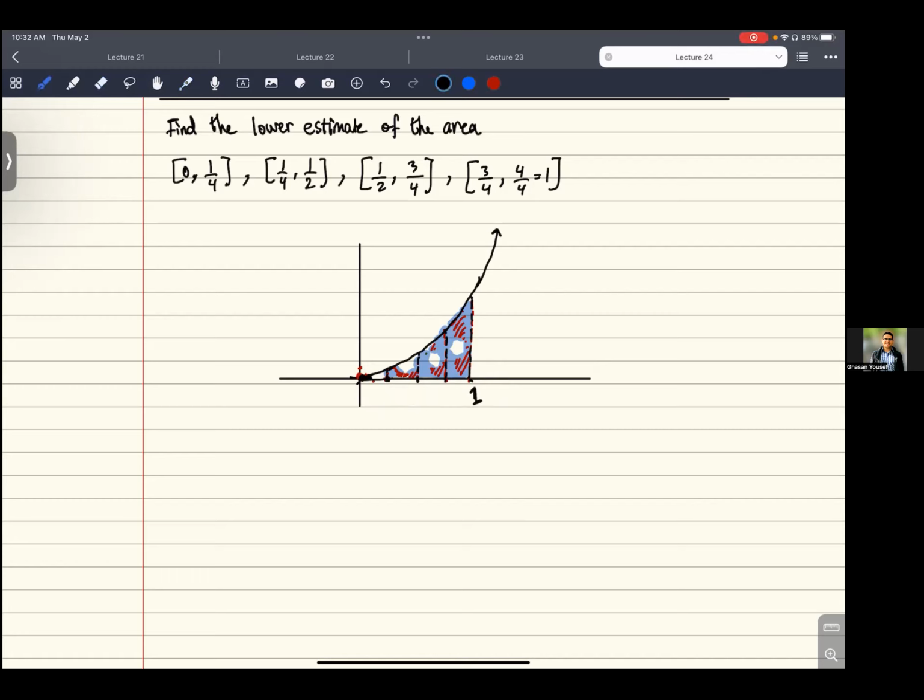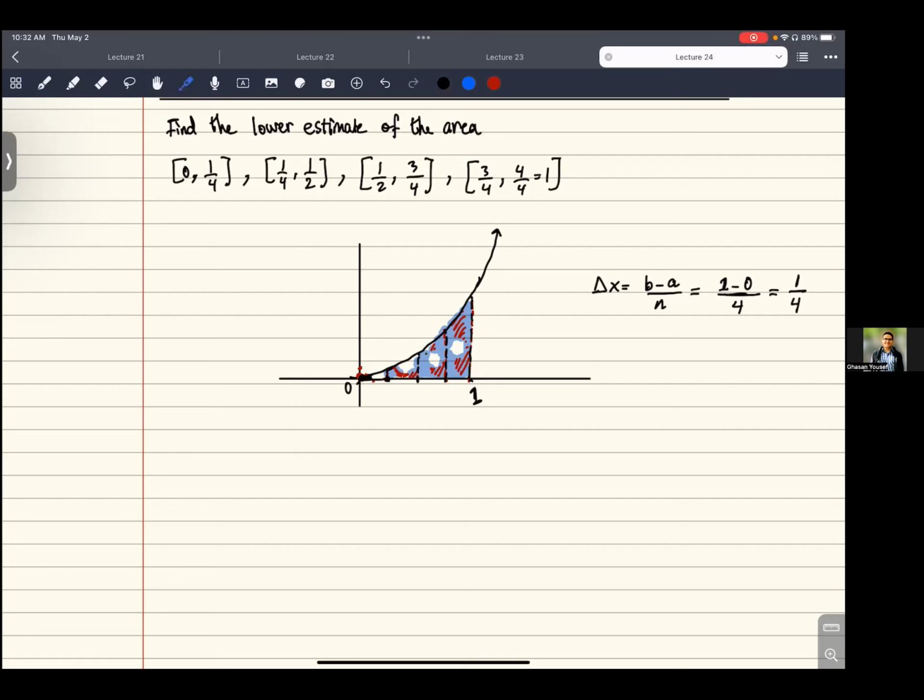Again, I'm going to divide it into 4 strips. So dividing into 4 substrips, delta x will be the same as b minus a over n. B here is 1, and a is 0, over 4. It will be the same as before, 1/4. So delta x, the width of each strip, is 1/4.